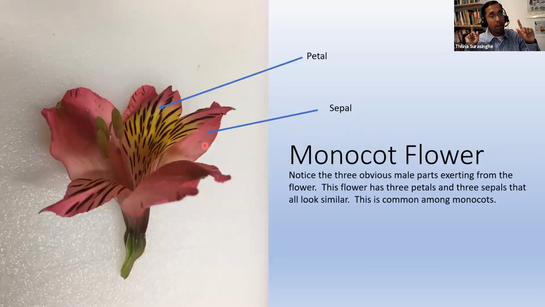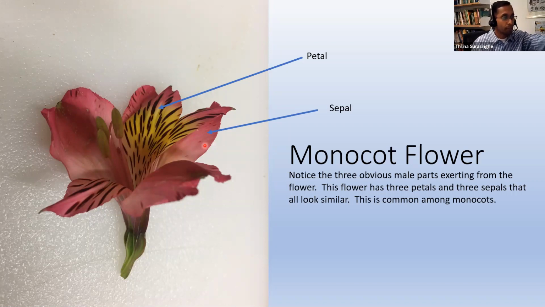Now, in monocots, do petals and sepals always look alike? Not always, but in monocot flowers, you will have a harder time telling them apart. What is unique to monocot flowers is that flower parts are in 3s or multiples of 3s. Over here, 6 sepals and 6 petals.